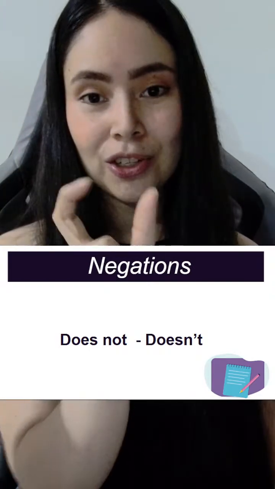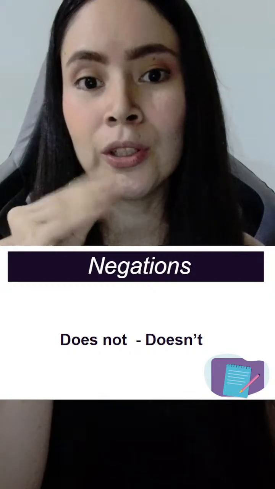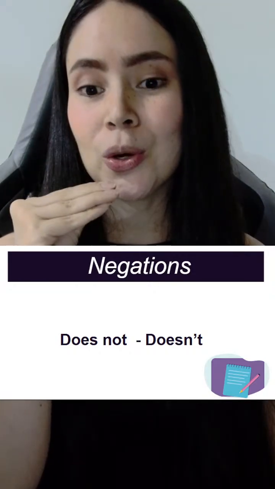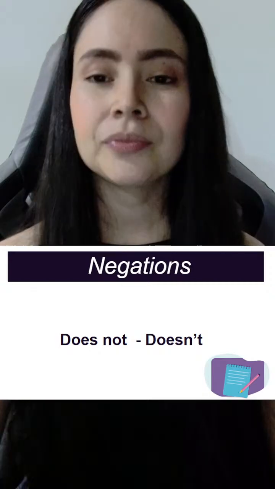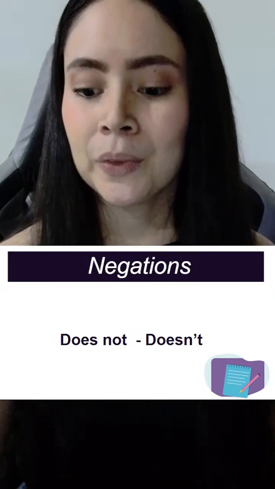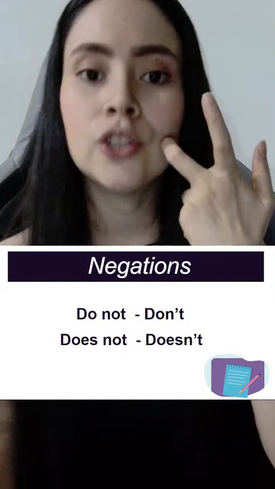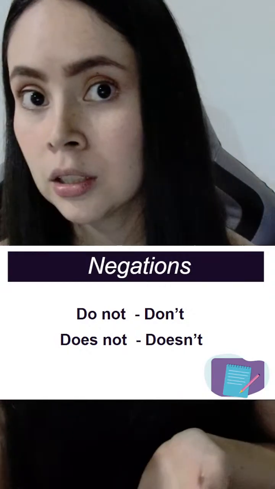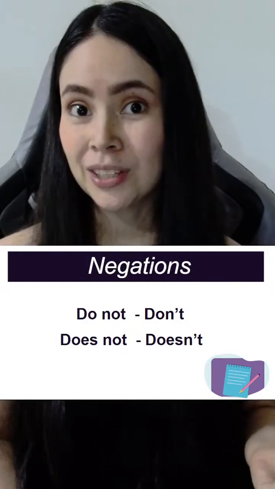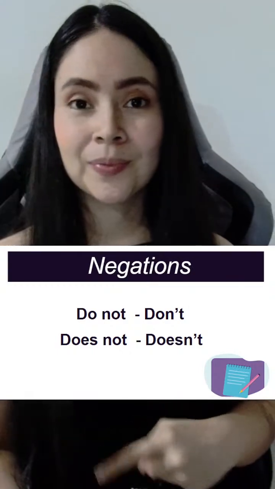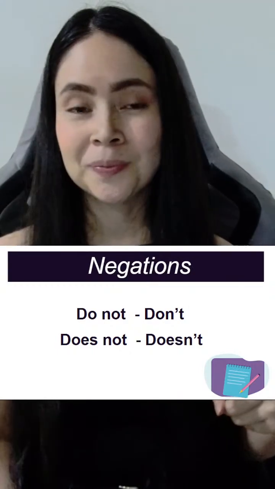The contraction is very common when we are speaking. People usually use doesn't. And the other option is do. In negation, we say do not or don't. Do not, don't, don't.